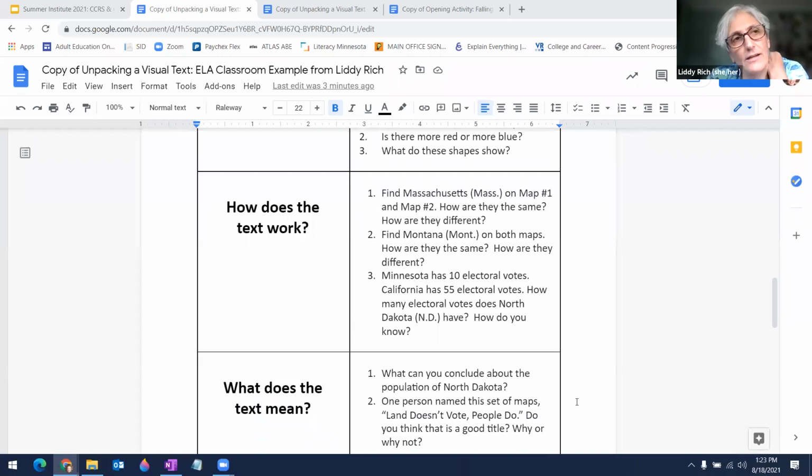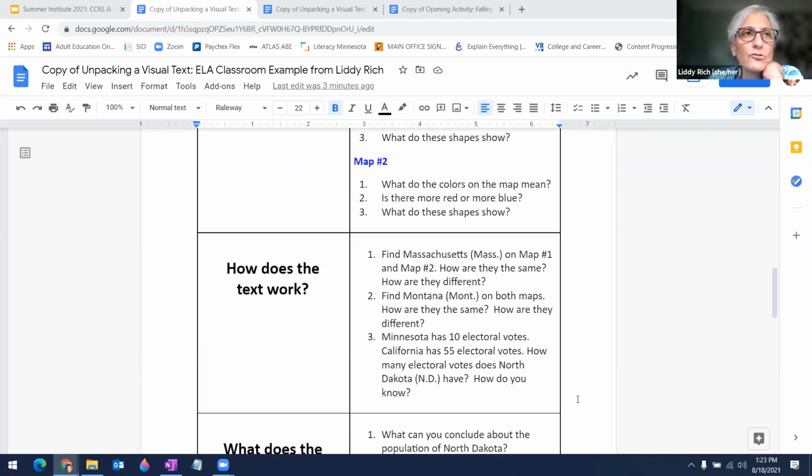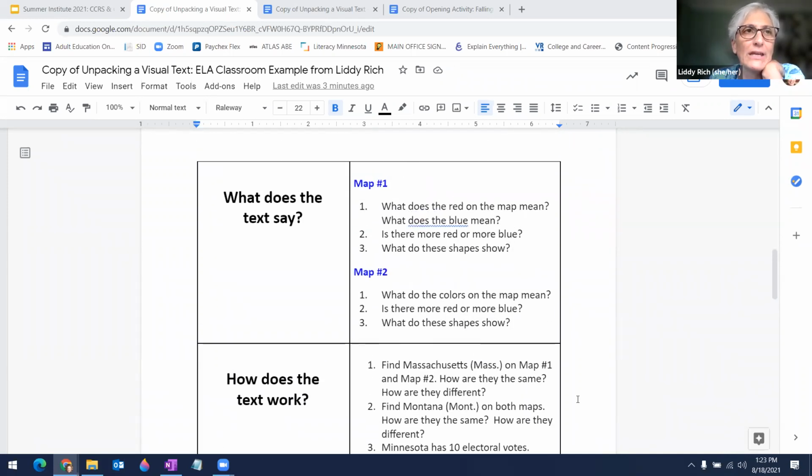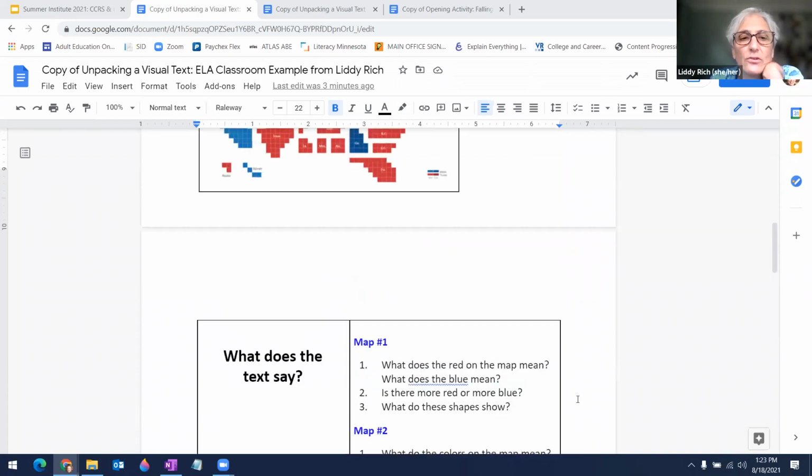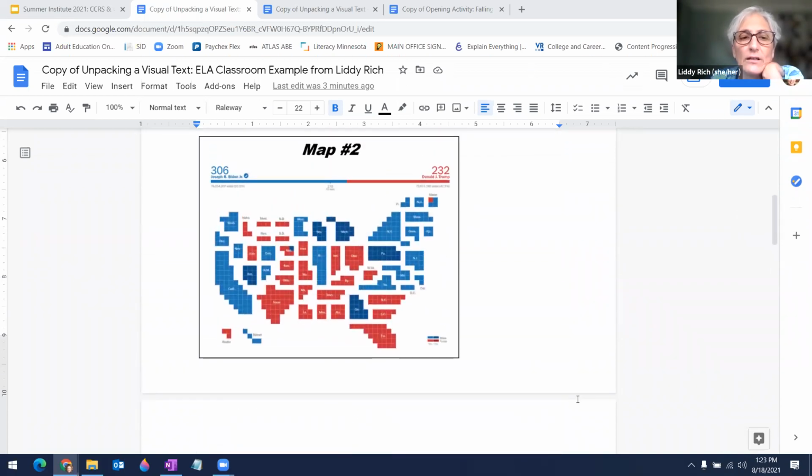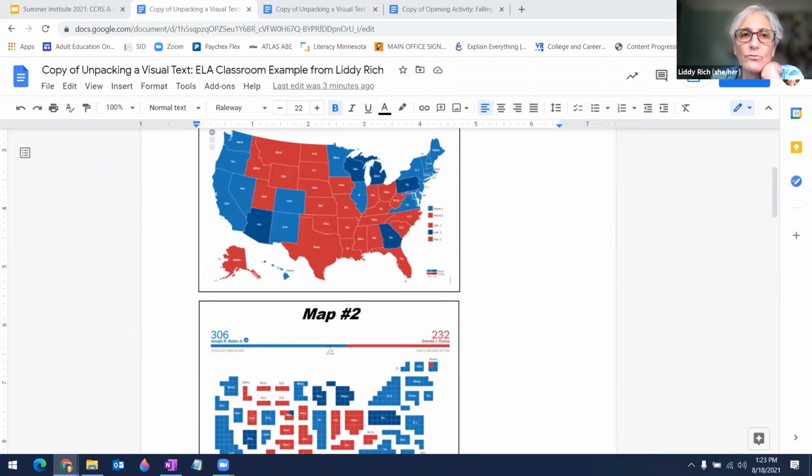Sure. Yeah, I used both of these maps soon after the election, and my students were totally confused. I teach an English language learner class, intermediate level. And so a little later, when we were reading about the Electoral College, I thought I want to try this one more time. I tried to figure out, well, what are the goals here?